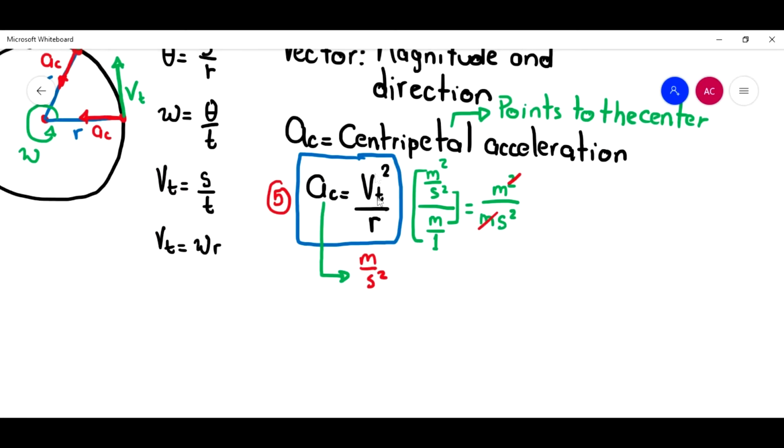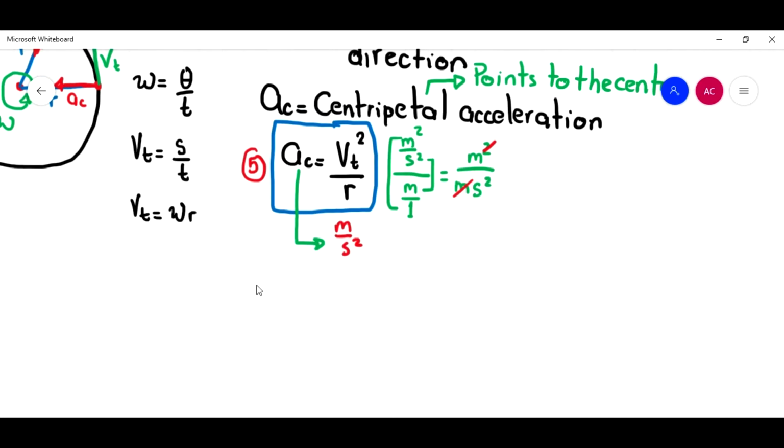Okay, now I can have another equation for centripetal acceleration. This is the tangential velocity, so I can substitute the value of this equation over here. So centripetal acceleration equals the value of the tangential velocity, that is the angular velocity multiplied by the radius, raised to the square, over the radius.